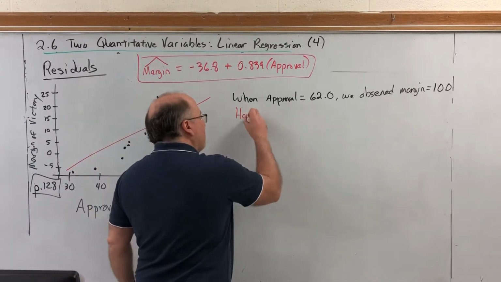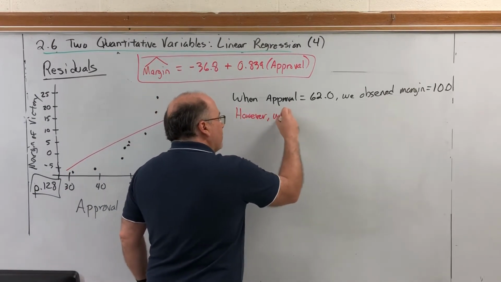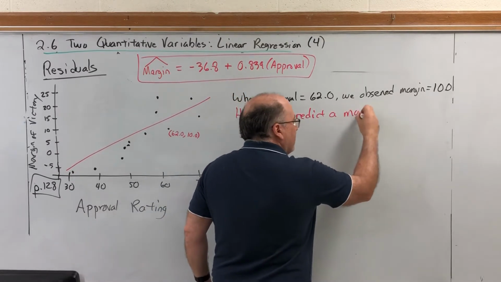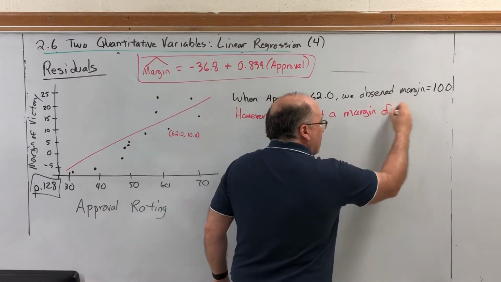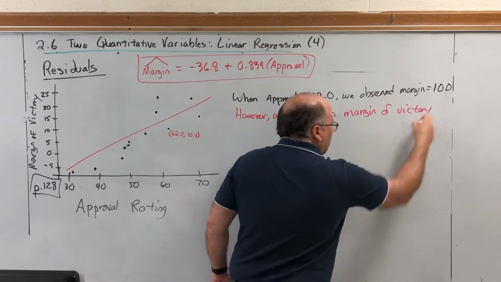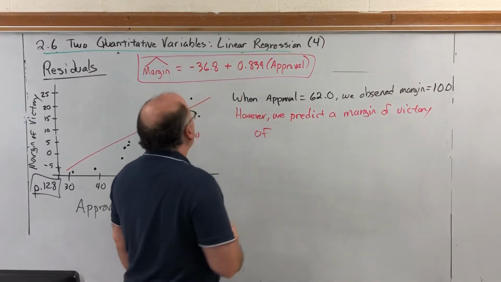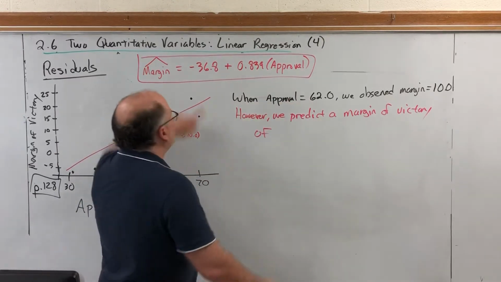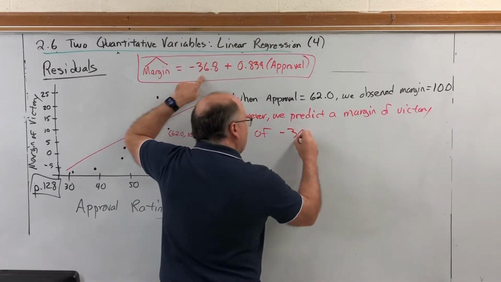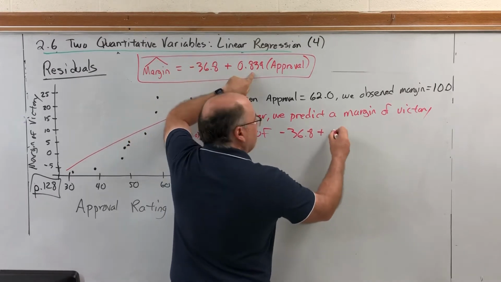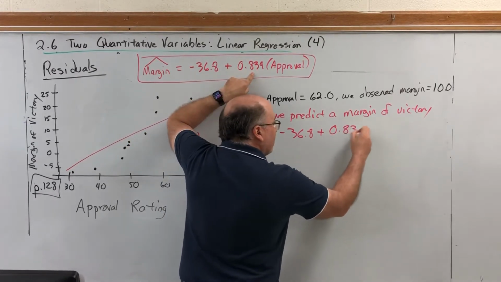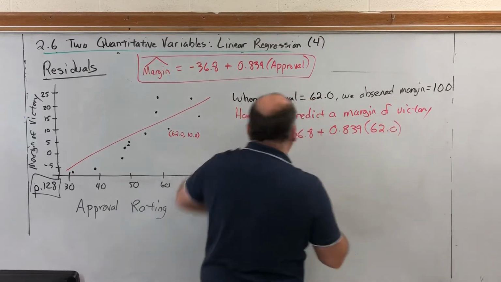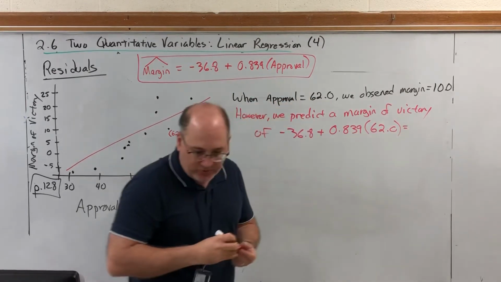However, we predict a margin of victory of, using the equation, let's substitute the approval rating that we observed. So negative 36.8 plus 0.839 times 62.0, and whatever that equals.